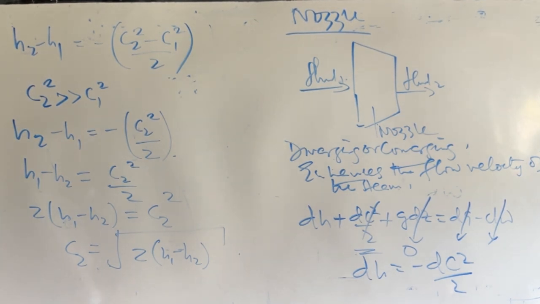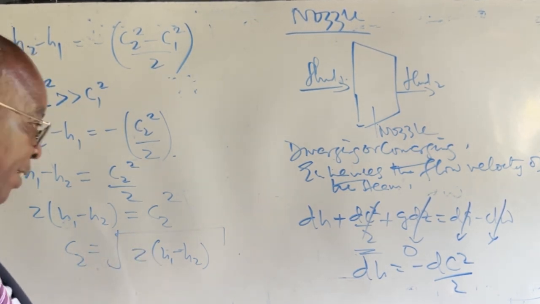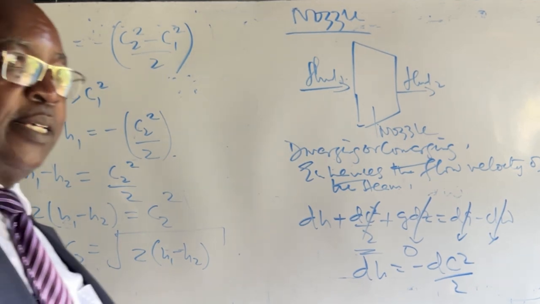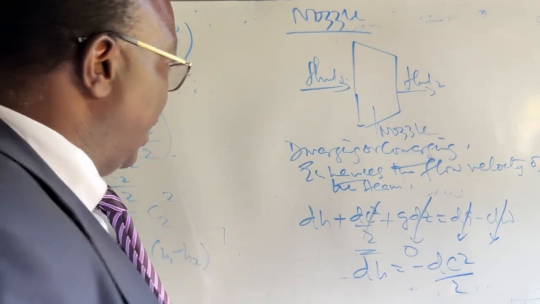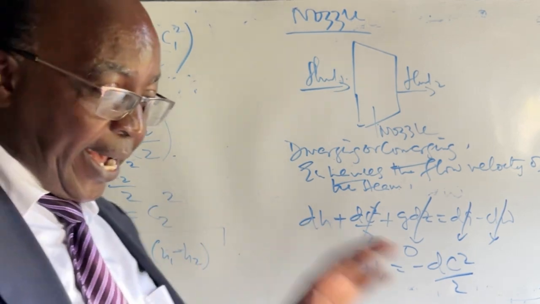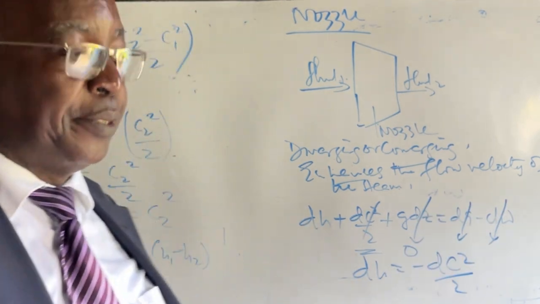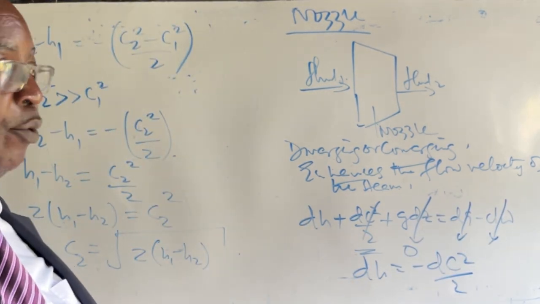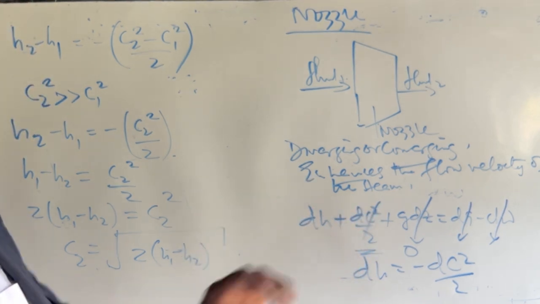So again, the final velocity is related to the enthalpy differences, which, as we have said, depends on the temperature of the boiler. So I repeat, the Rankine cycle has a pump which pumps the fluid to the boiler where the heating takes place.